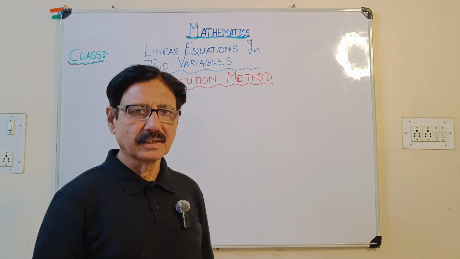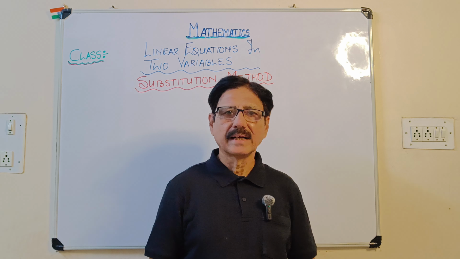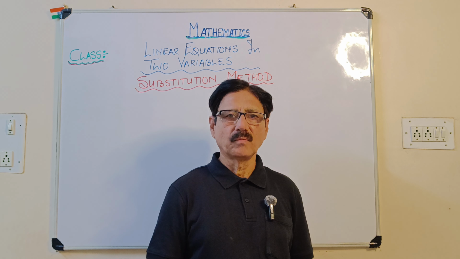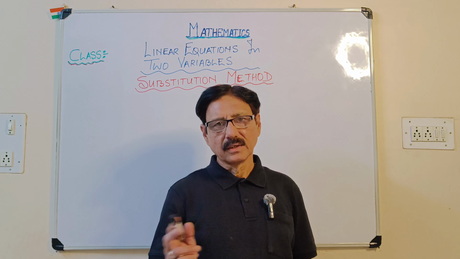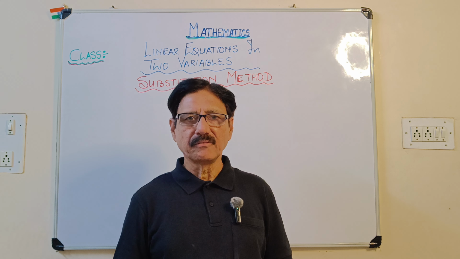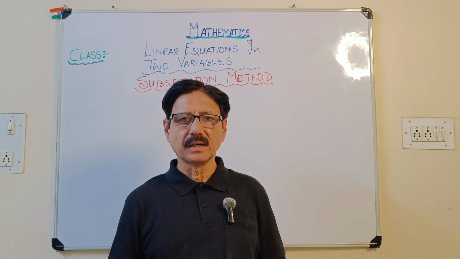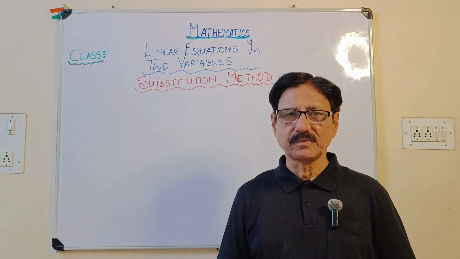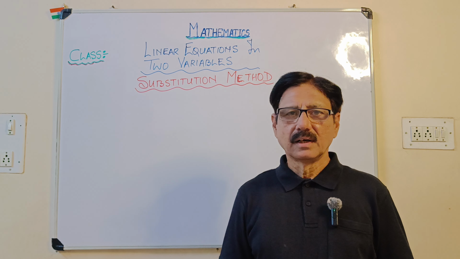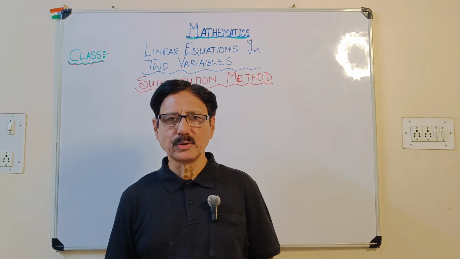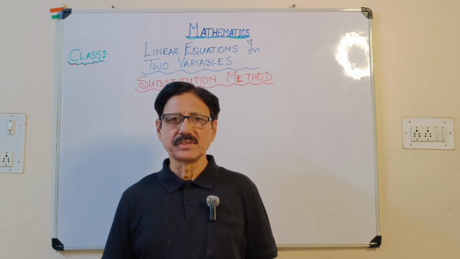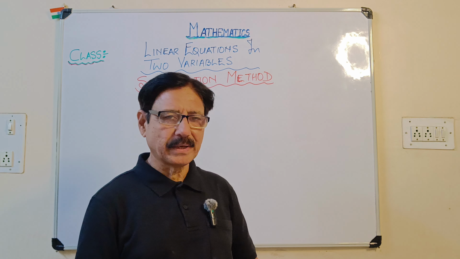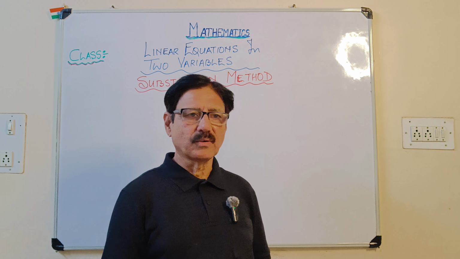In the substitution method, we solve for one variable in terms of the other, and put that into the second equation. A pair of equations is required, because when two variables are there you cannot solve it like a linear equation in one variable, where you can transpose and solve.